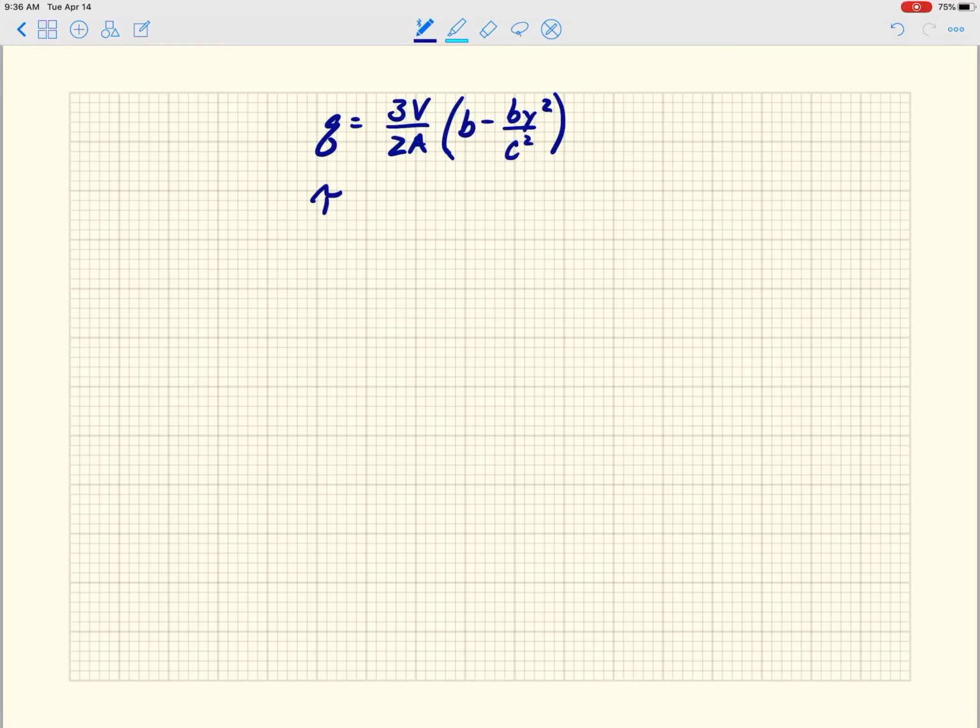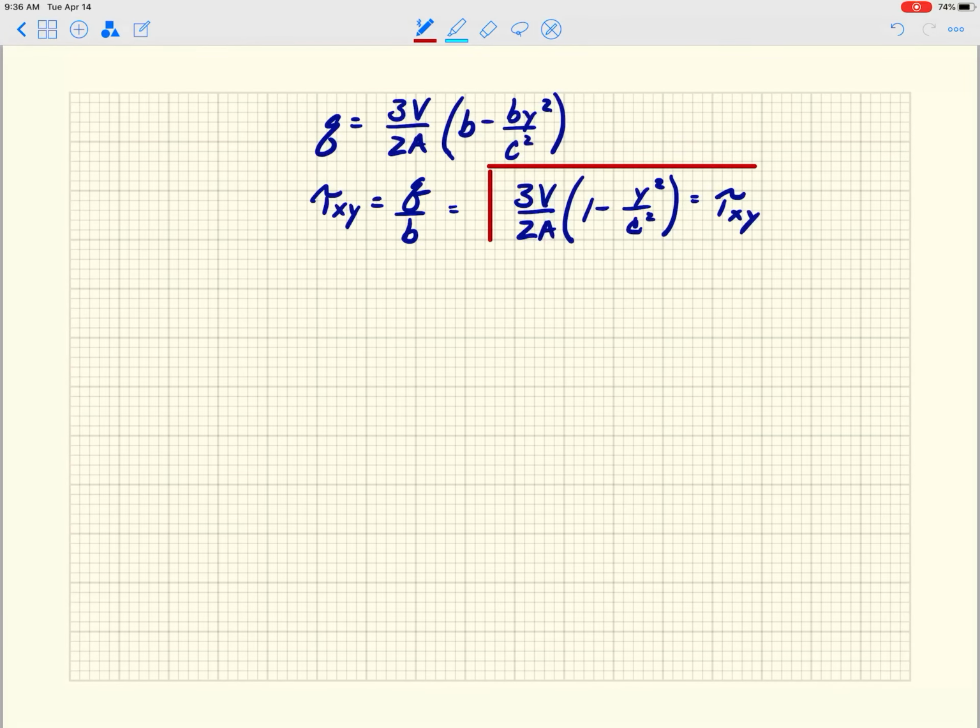So tau xy, which is our shear stress, is going to be Q divided by B. And that is going to be 3V over 2A times 1 minus y squared over c squared, and that equals my tau xy, and I will box that guy. Like that.